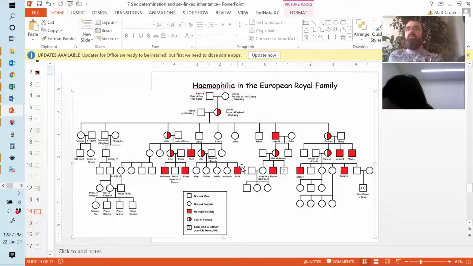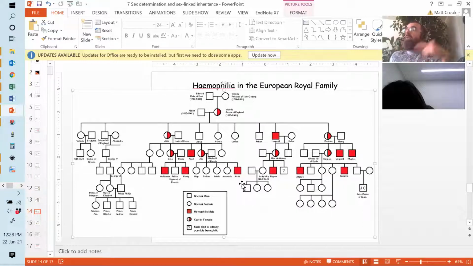So from Alexei, the doomed child of Tsar Nicholas II and Alex, who was a hemophiliac, you know that his mother must have been a carrier, because that's the only way he would have gotten that allele. He wouldn't have got it from his father, because his father, if he'd had it, would have been a hemophiliac too, and most likely would have died before reproducing.